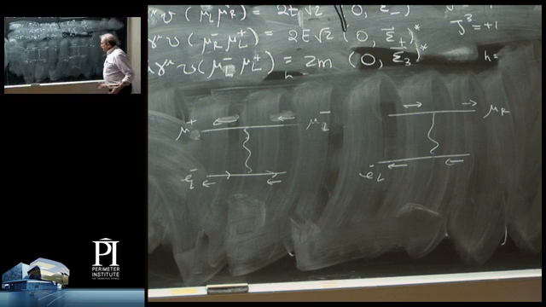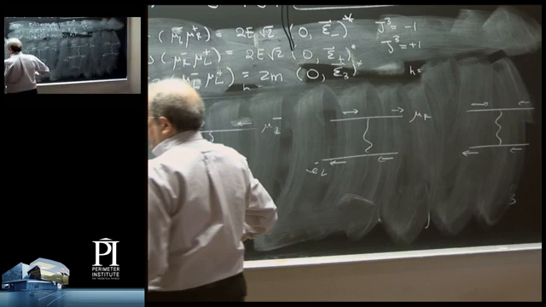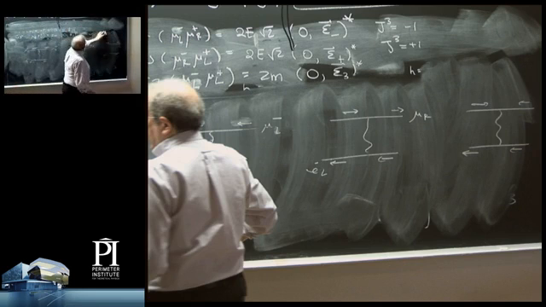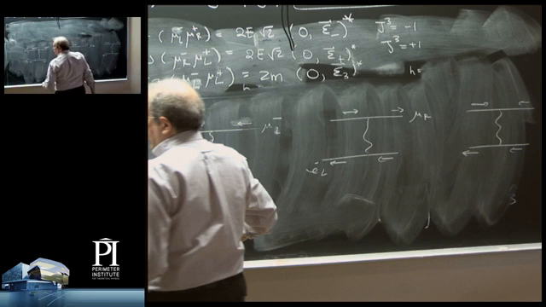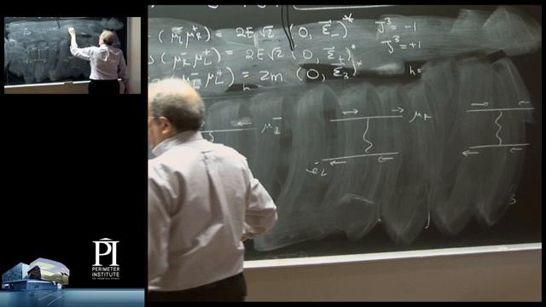And so now if I just take the squares of these amplitudes, I should get the angular distribution. And so if we just take the sums of the squares of these amplitudes, we'll find the following thing, that d sigma d cosine theta is proportional to 1 plus cosine theta squared plus 1 minus cosine theta squared plus m squared over e squared sine squared theta.